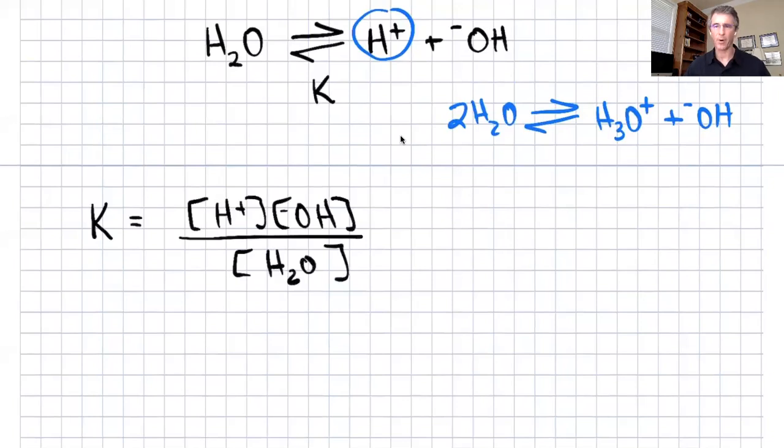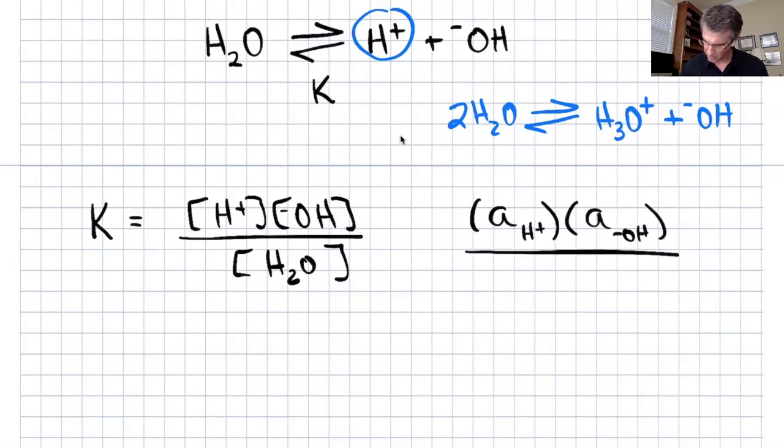Now, again, remember, technically, when you start putting them into those free energy expressions and things like that, you're dealing with the same number, but it's not the unit-carrying number of the concentration. Technically, these expressions are activity expressions. So it would look something like this, times the activity of OH minus divided by the activity of water.